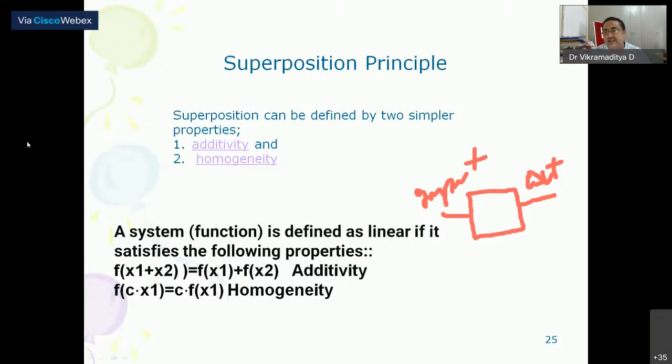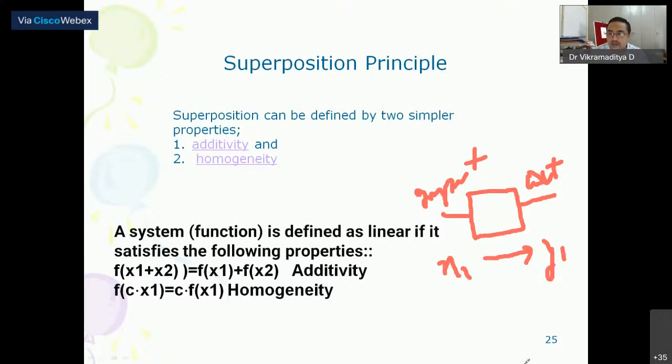Now to understand, let's take a resistor. Now you apply voltage to a resistor, so what will be your output? Output will definitely be current. Suppose the input is x1, and the corresponding output for that input is, say, y1.